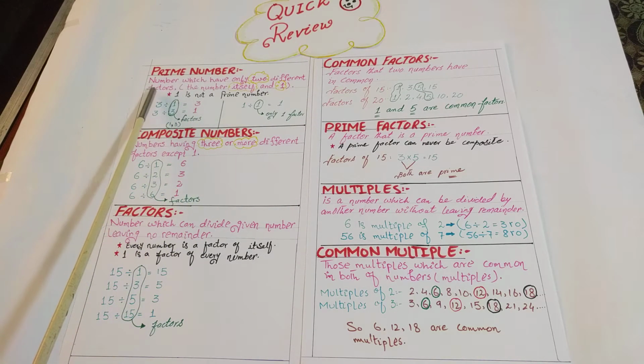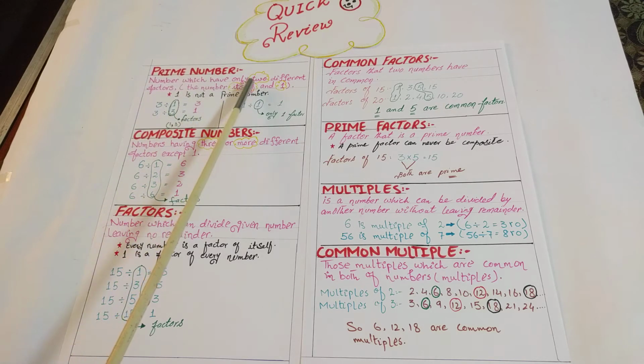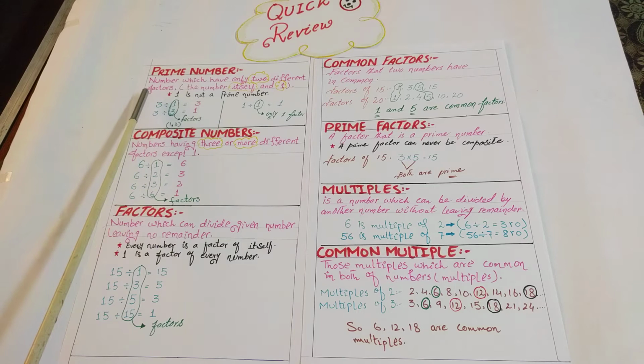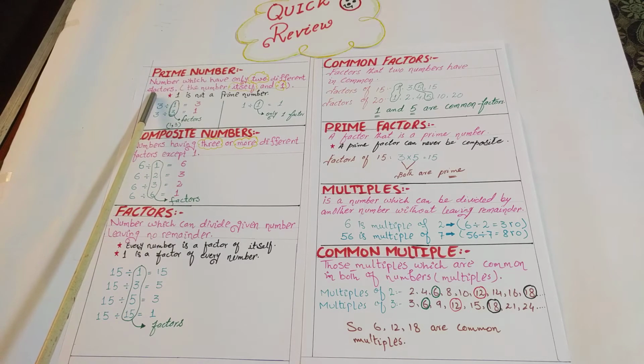Now here is a question. What is a factor? I am using the words "only two different factors." A factor is actually the divisor of that number.